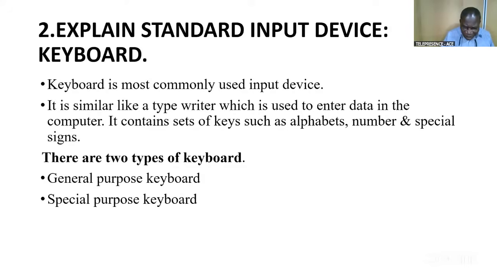It contains sets of keys, such as alphabets, numbers, and special characters or special signs. There are two types of keyboard: general purpose keyboard and special purpose keyboards. These are the two types of keyboard that are available.